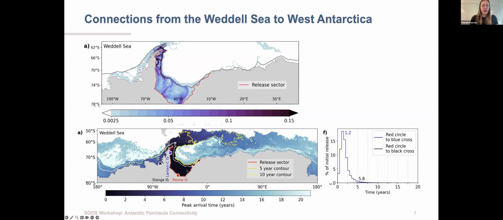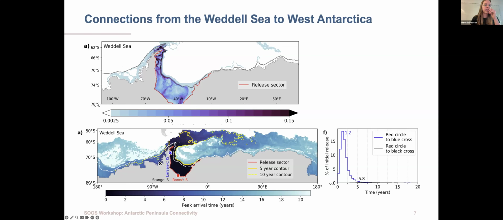But we can clearly see there's quite rapid advection along the shelf in the Weddell Sea, with the waters entering the broader Southern Ocean circulation at the peninsula, either into the Antarctic Circumpolar Current or the Weddell Gyre itself.